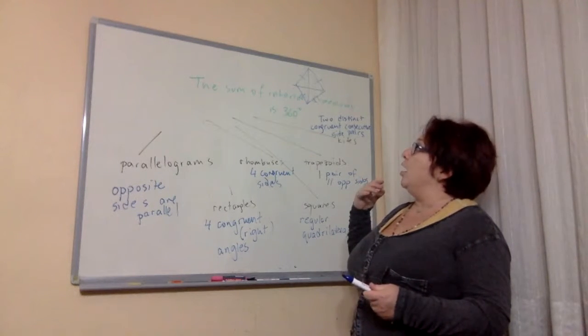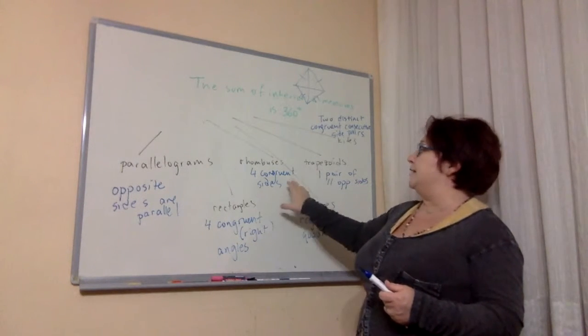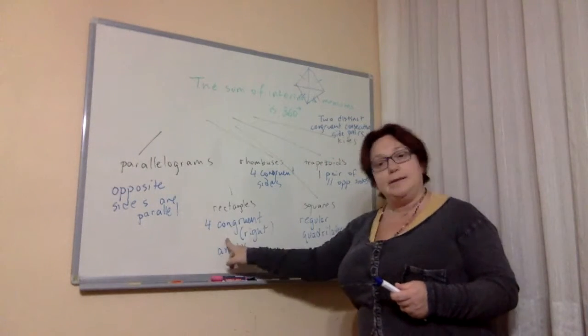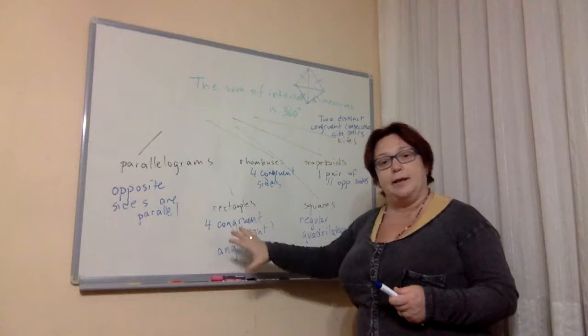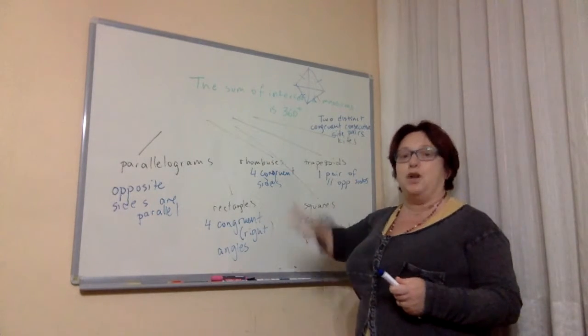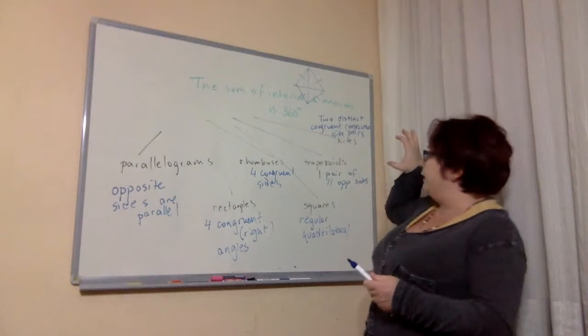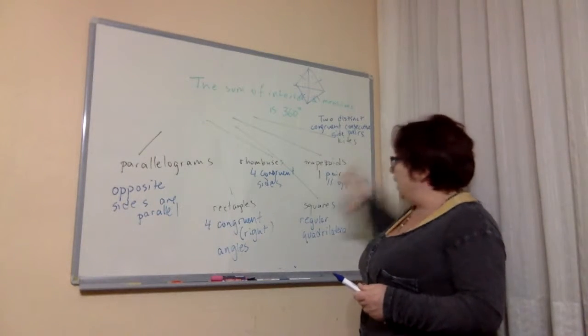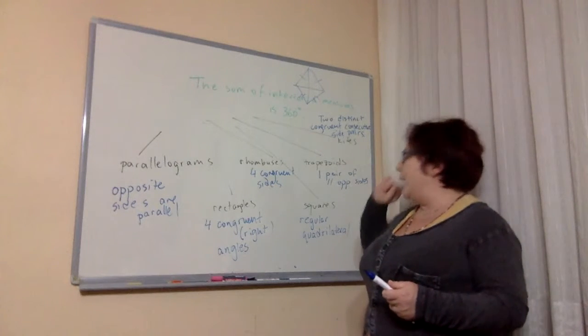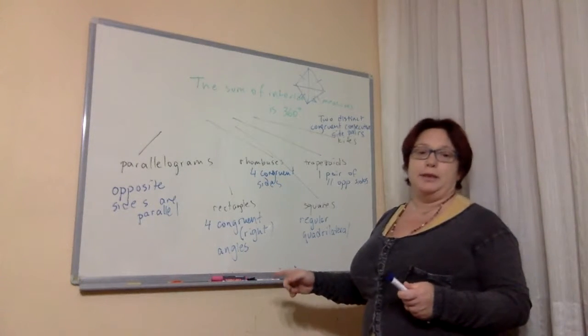So in a quadrilateral, if you've got sides congruent, that means you're a rhombus. If you've got angles congruent, that means you're a rectangle. But not all rhombuses are rectangles or vice versa. So you need to define a special quadrilateral that's got both congruent sides and congruent angles.